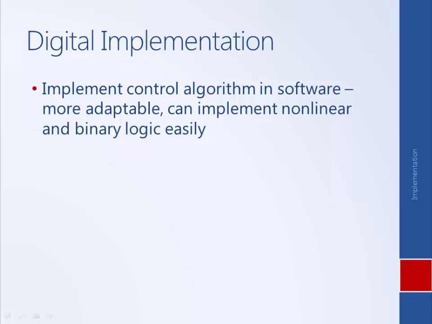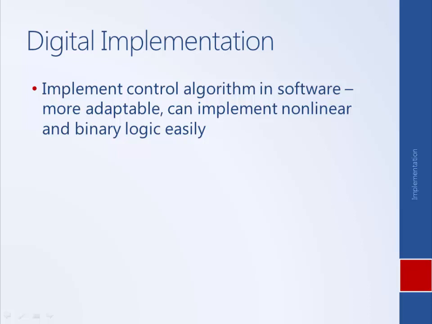If these conditions use these control gains, if another set of conditions use these control gains. Something like that switching logic is much harder to implement as a circuit. So more and more the industry is moving to implementation of control algorithms in software.